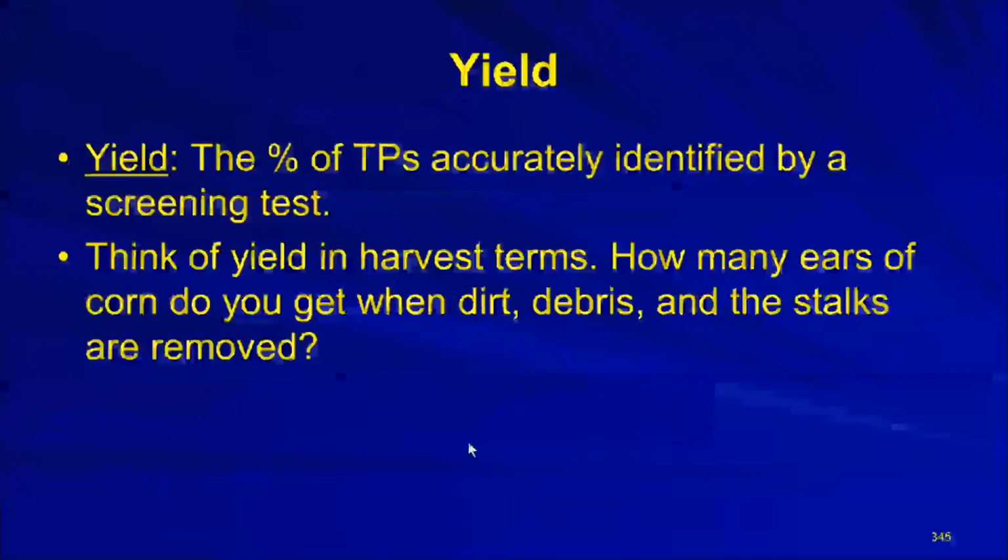And so the yield was 8%. So 8% of the total cases, or 8% out of 1,000 cases, were true positives and were productive ears of corn. That's the way we look at it, and I'll go through this again and show it to you in a little different way.